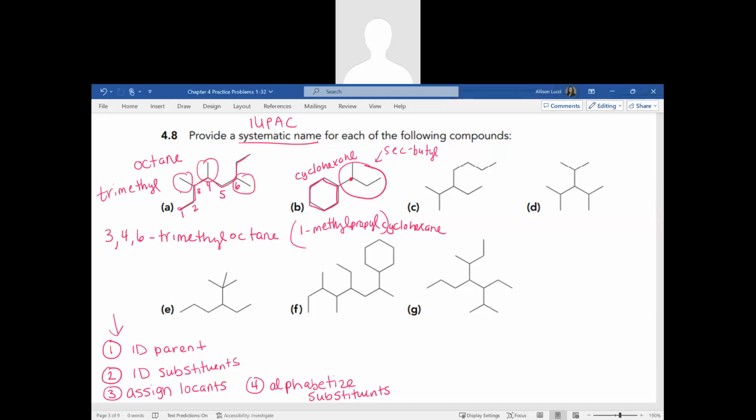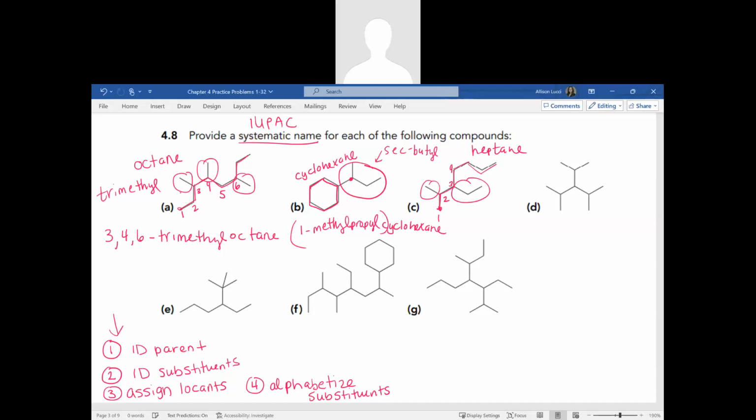Let's look at structure C now, and I'll start, how about down here? So I have 1, 2, 3, 4, 5, 6, 7 carbons, so I have a heptane parent. And then I have this ethyl substituent and this methyl substituent.